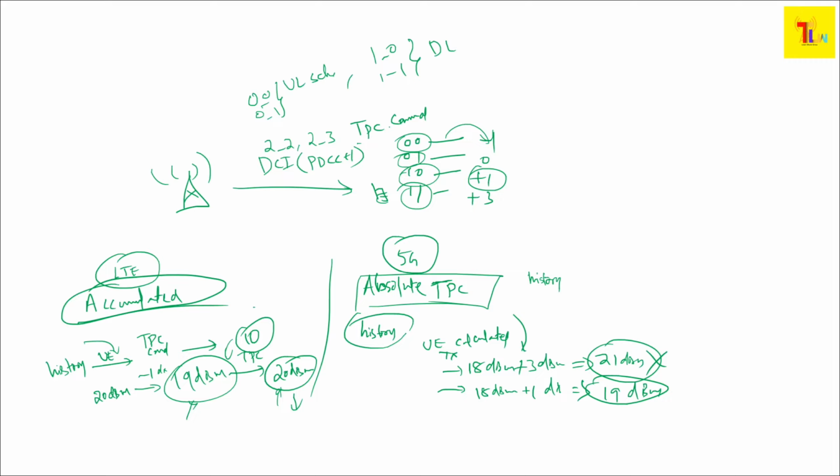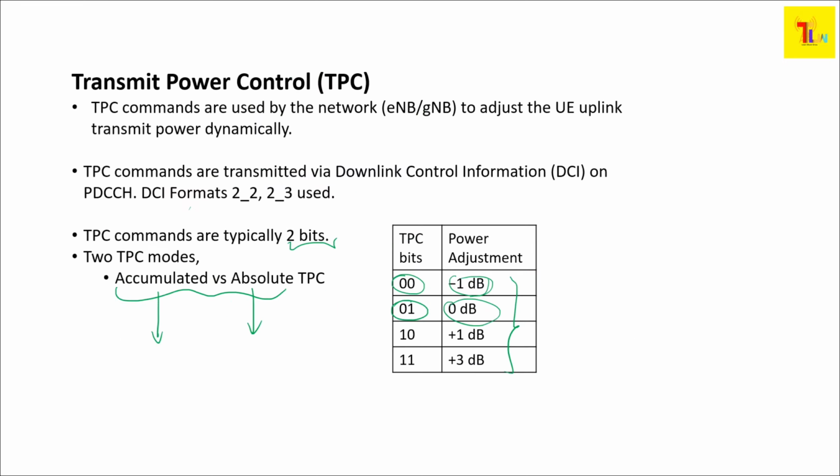There will be some delay in retrieving the history of the power adjusted by the UE. So in order to overcome that kind of situation, this absolute TPC mode of operation will be very helpful, and it improves your latency and saves your battery, I mean UE power saving, with the help of this. So these are the two modes of operation in the TPC.